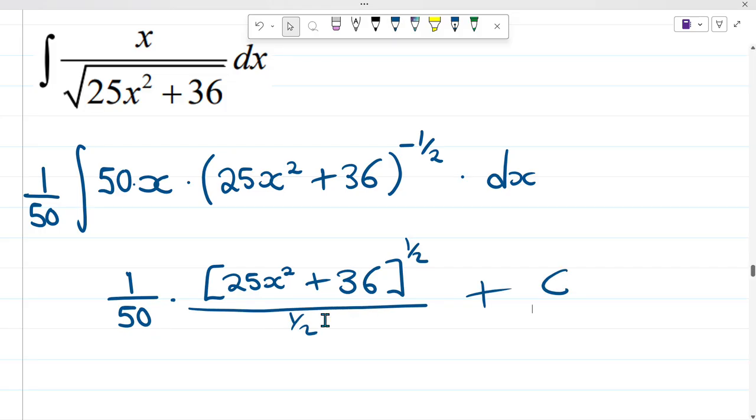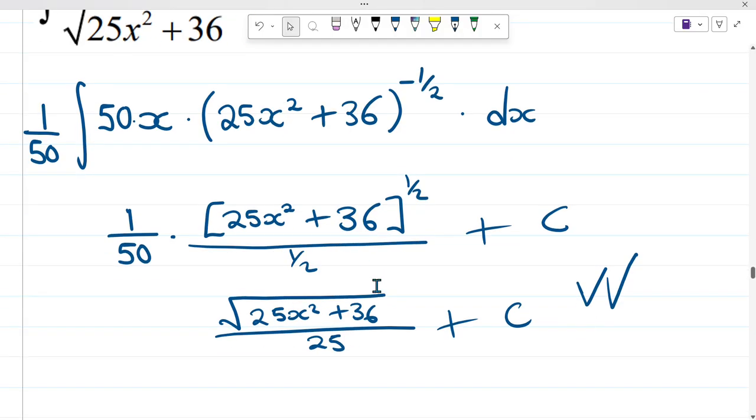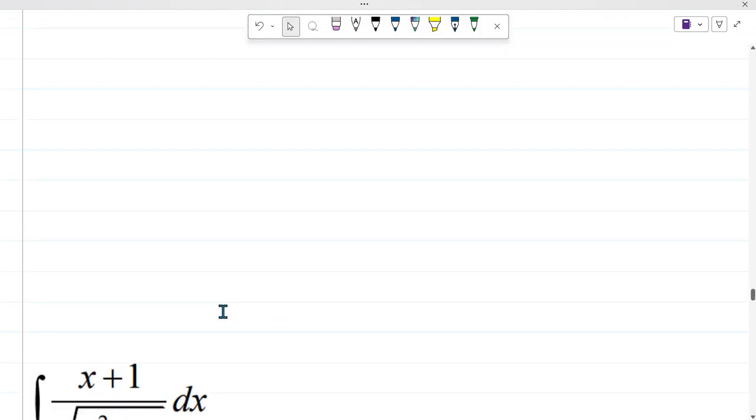And 50 multiplied by half is just going to be 25. So at the end of the day, you're going to have the square root of 25 x squared plus 36, all divided by 25, plus c as your answer. Then tada, you have your answer. I hope you reached the same answer as well. It was an easy one. Let's stay tuned and quickly do the following ones.